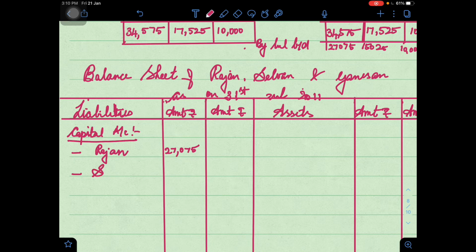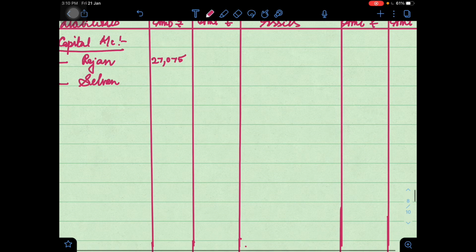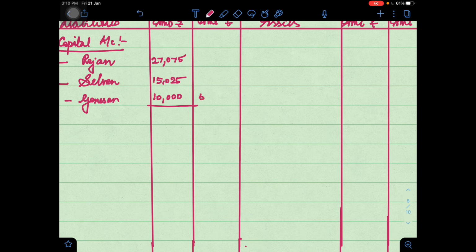For Selvan, it is 15,025. Ganeshan, it is 10,000 what we brought in. Now let us total up these three values. You will be getting 52,100.